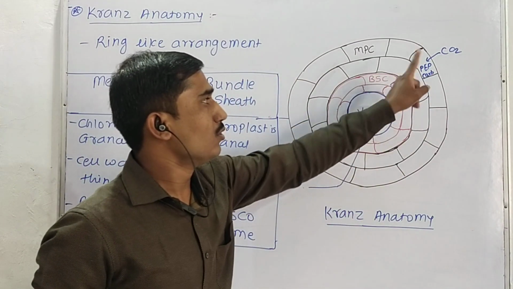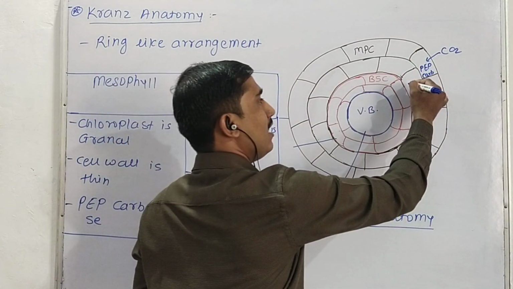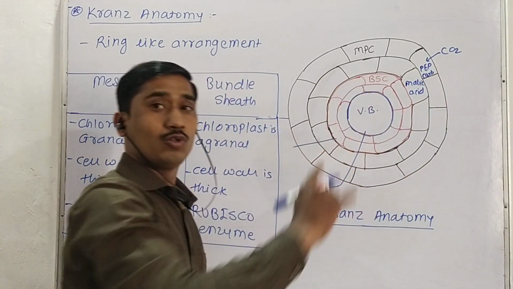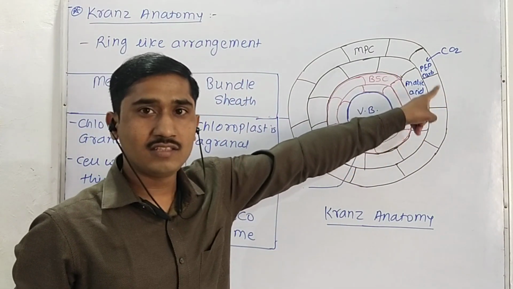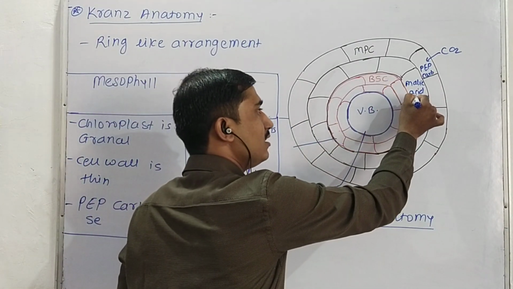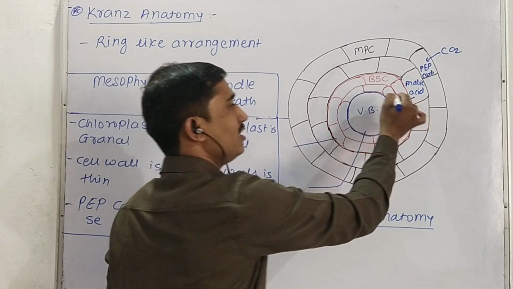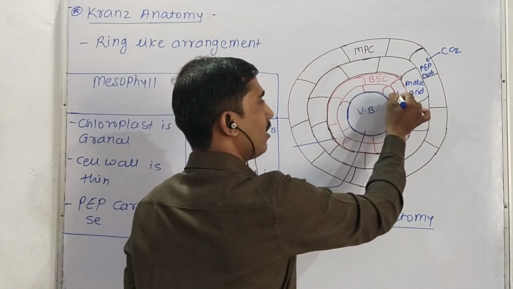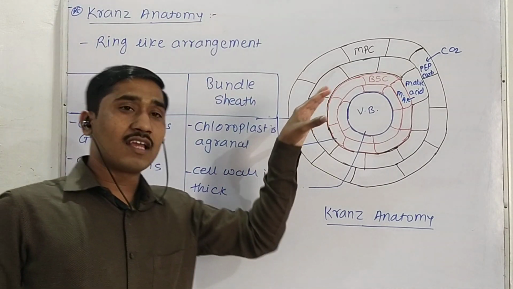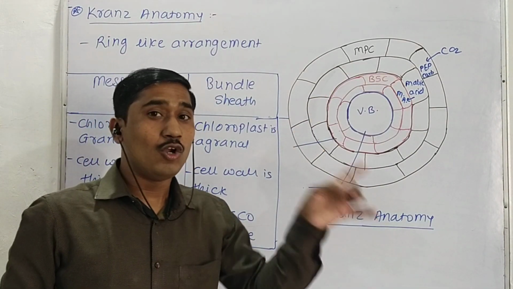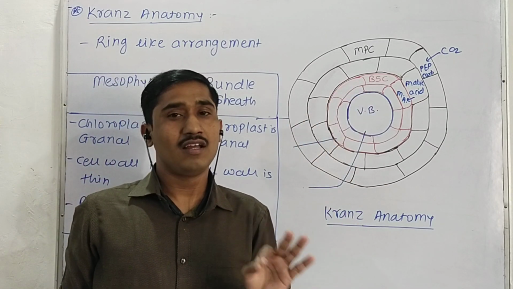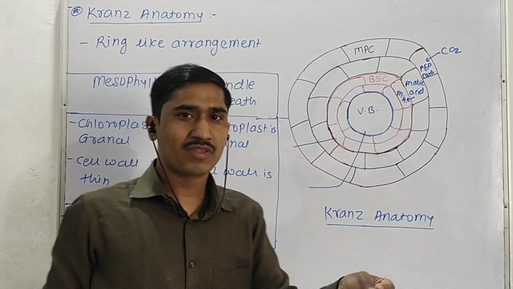Then this CO2 is converted into malic acid, and this malic acid is transported into the bundle sheath cell. Here, the walls of the bundle sheath cell are impermeable for gas, not for chemical components. Malic acid is a chemical compound.